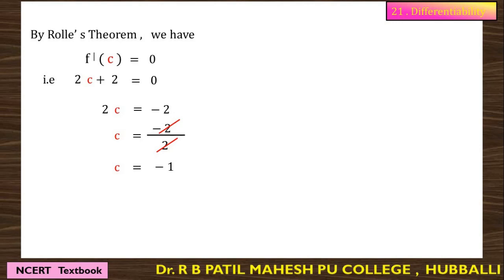So minus 1 definitely belongs to minus 4 comma 2. So this number exists in between the given interval, which means that at this point minus 1, if you draw a tangent, the tangent is parallel to the x-axis. Remember students.